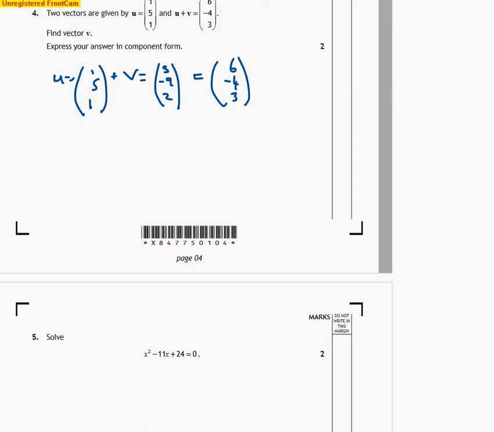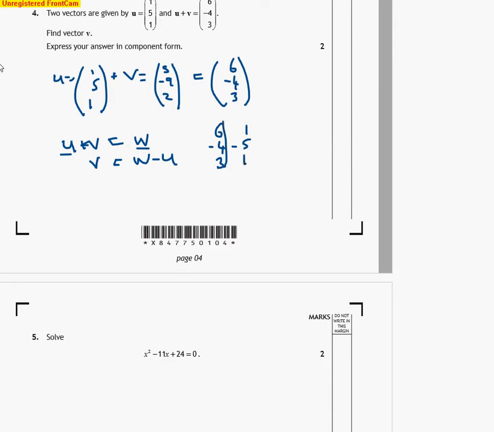The other way, of course, is to say, well, if I know what u is, so I've got u plus v equals, and let's just call that vector w, since it's consistent. If we're trying to find what v is, because we know u and we know w, v is going to be equal to w take away u. So we could have done (6, -4, 3) take away (1, 5, 1).